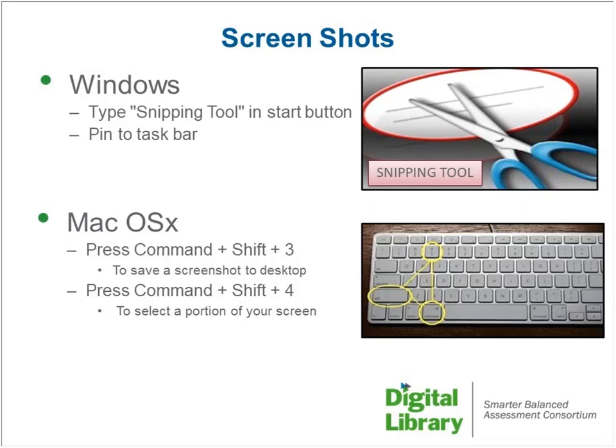Or you can do, and I love this functionality, Command-Shift-4, and it'll give you crosshairs that you can drag and select a subset of your desktop or whatever window you have open at that time. And if you want some more advanced features, you can use the Grab tool, which is available in the Utilities folder on a Mac. I think that rounds out the screenshots.